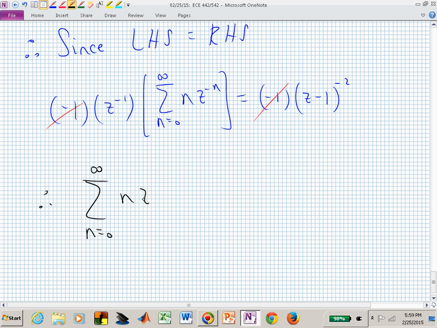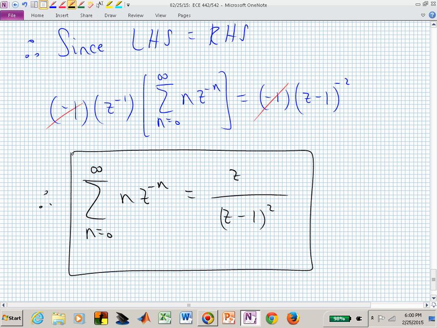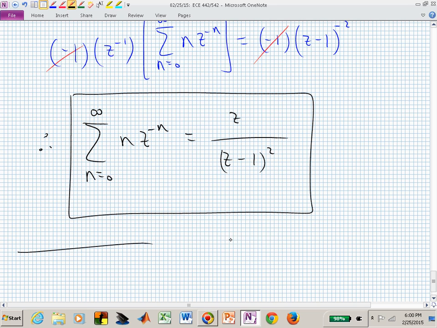What's in the square brackets, which is n z to the minus n, is now z over the quantity z minus 1 squared. That I'm going to need in developing this zero order hold of the integrator.